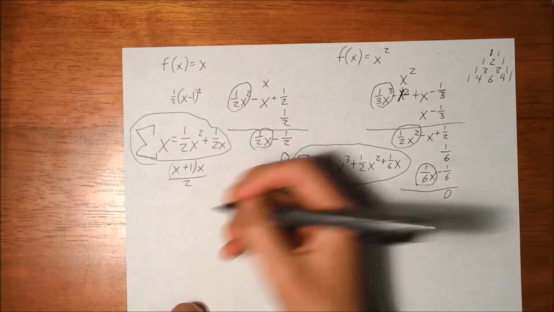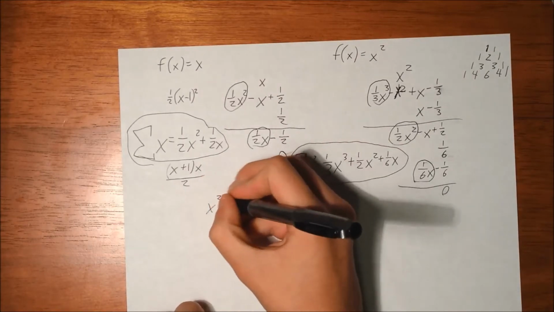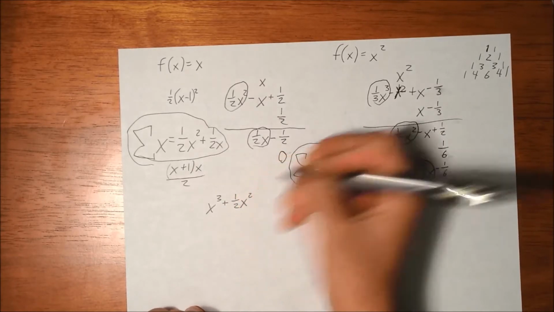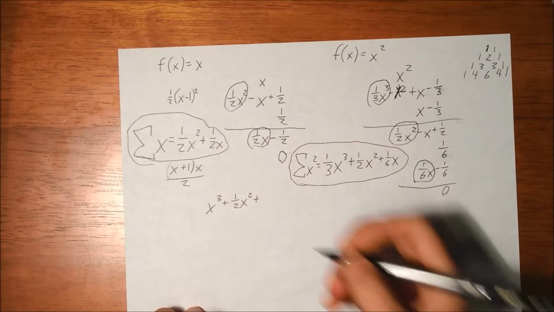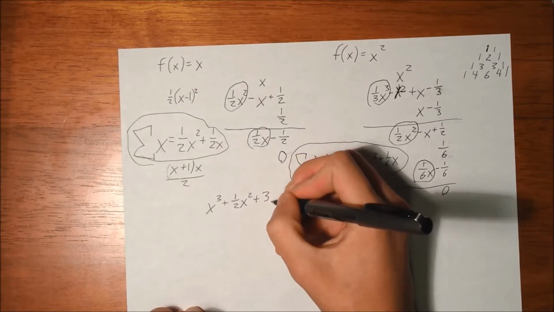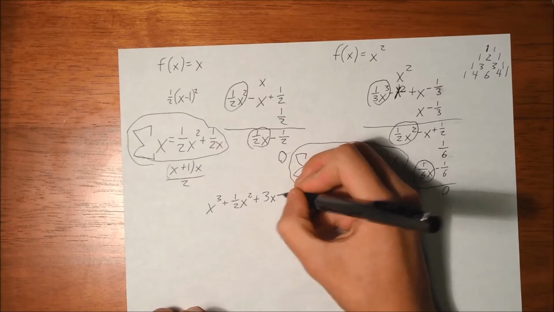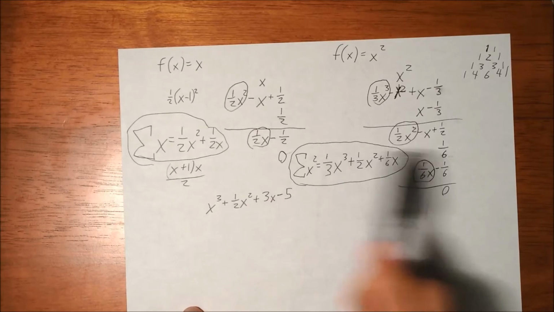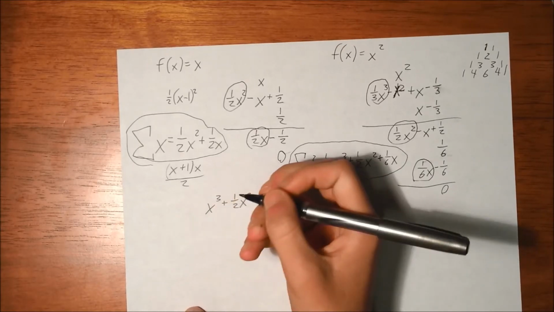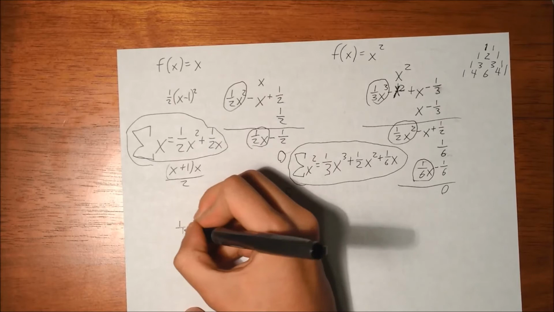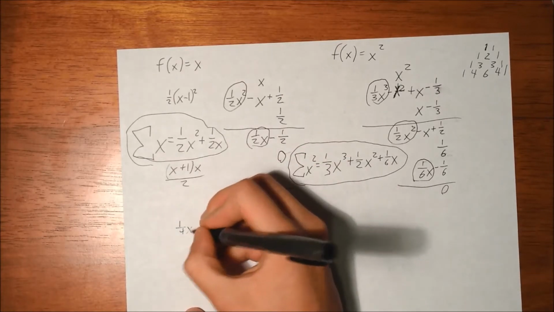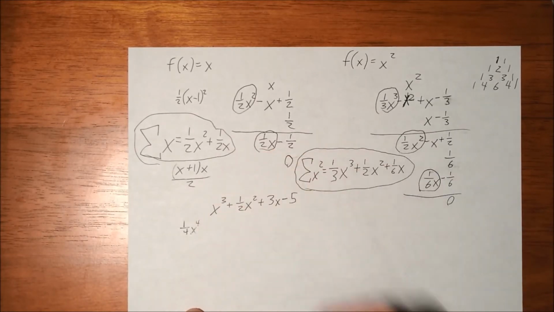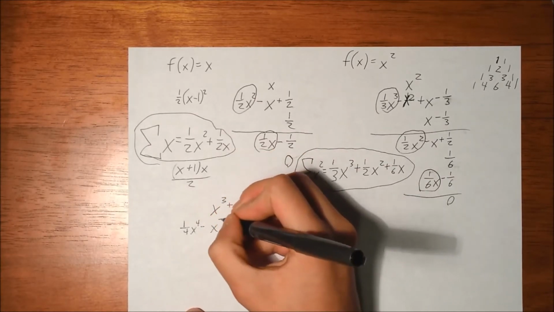And they don't always have to be one term. You could do x cubed plus 1/2 x squared plus 3x minus 5. And you could find the indefinite summation of this with the same method. So that would be 1/4 x to the 4th minus x to the 3rd.